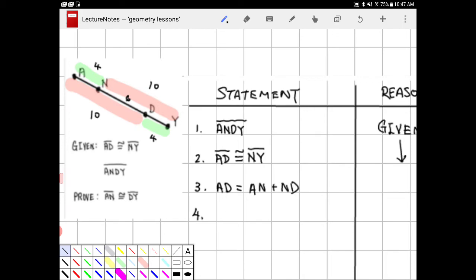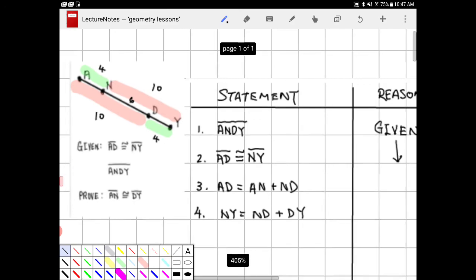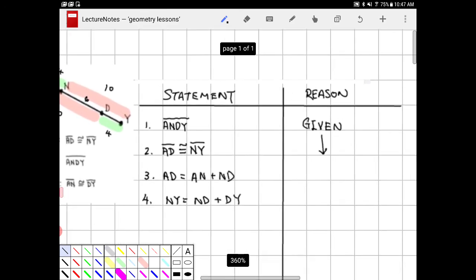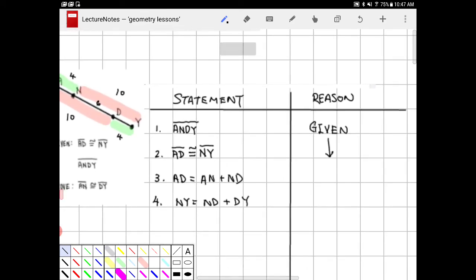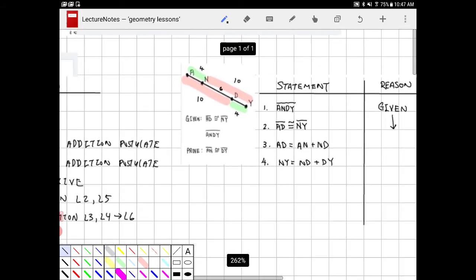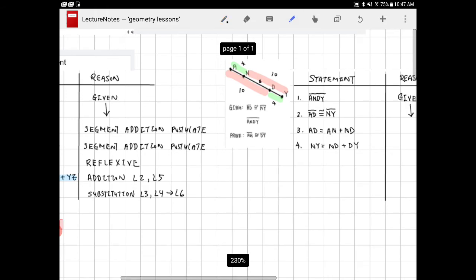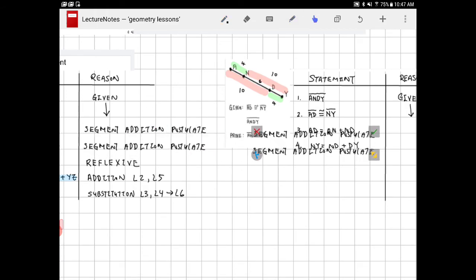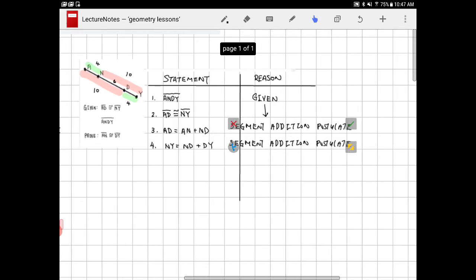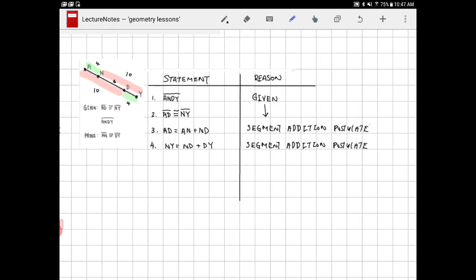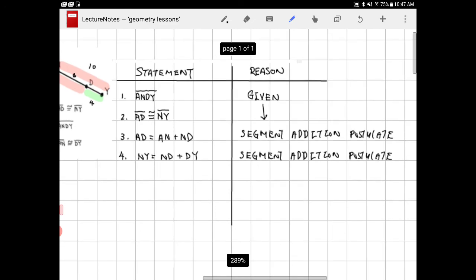I also recognize that NY is equal to ND plus DY. So this is true, regardless of any other information here, because of segment addition postulate. I'm going to cheat a little bit. I'm just going to copy this because it's the same exact thing. So this is true because of segment addition postulate.